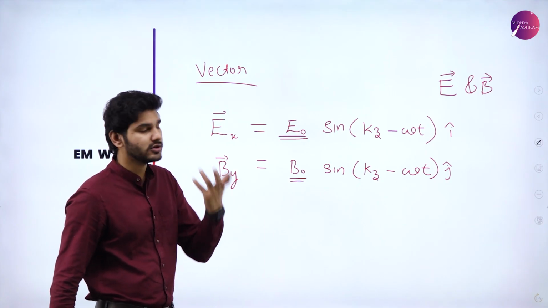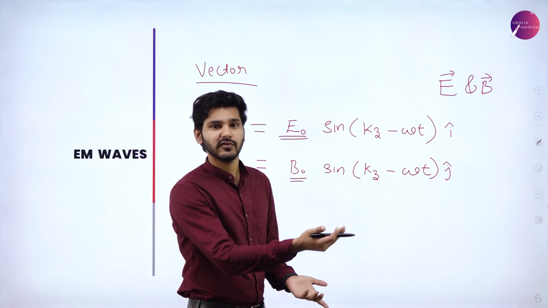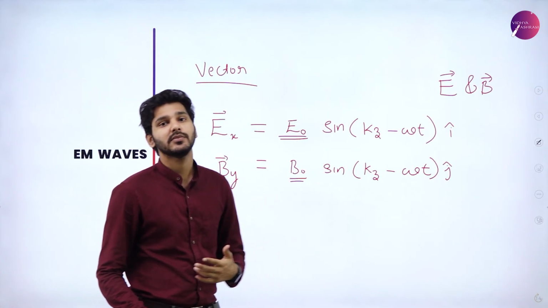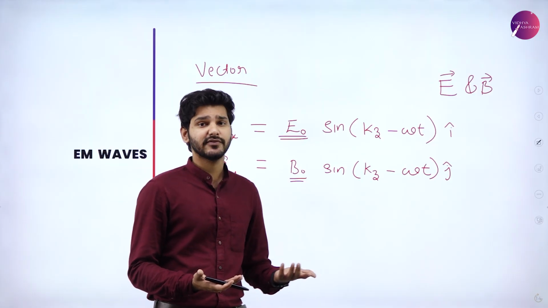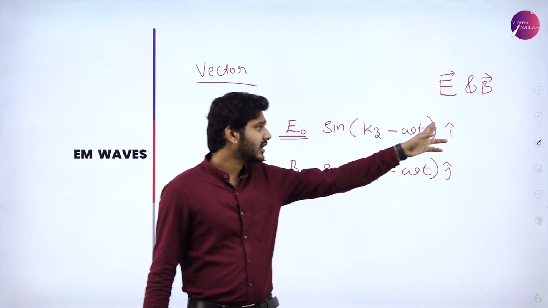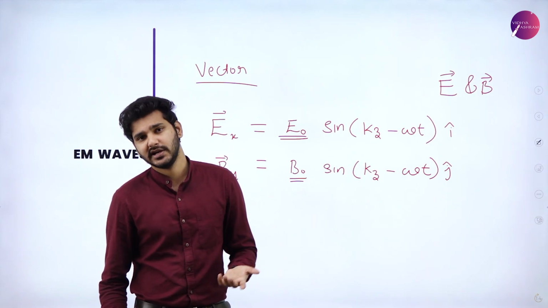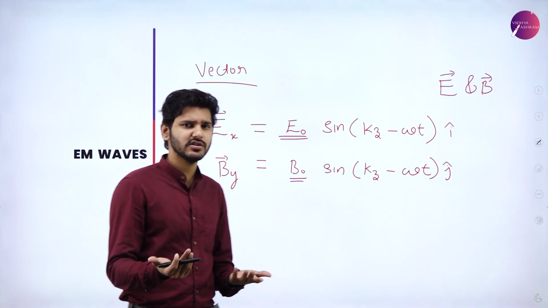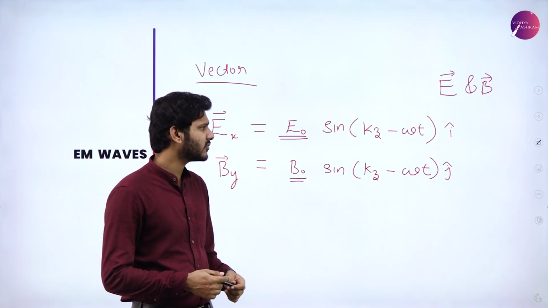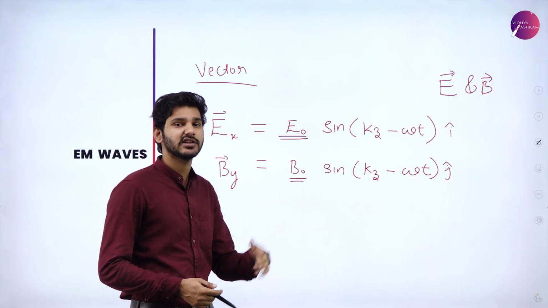Sine tells us it is a sine wave. K is the wave number, omega is the angular frequency. I cap indicates the x direction and j cap indicates the y direction. It is just the basics that we already learned in first PUC, nothing more than the wave representation of an electromagnetic wave.